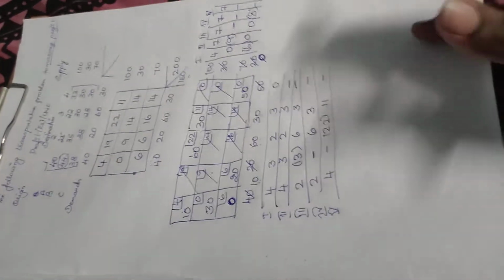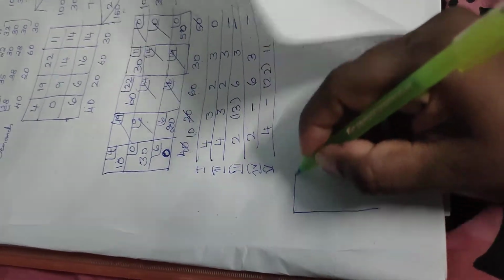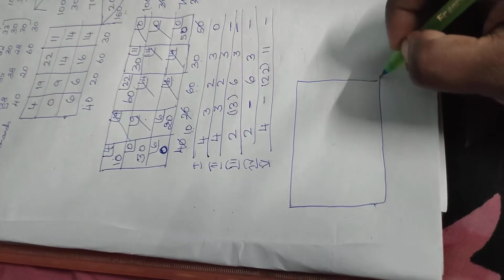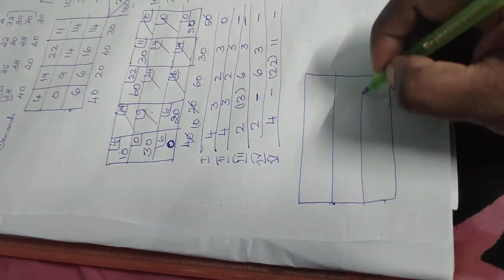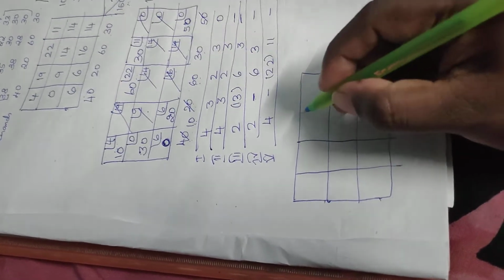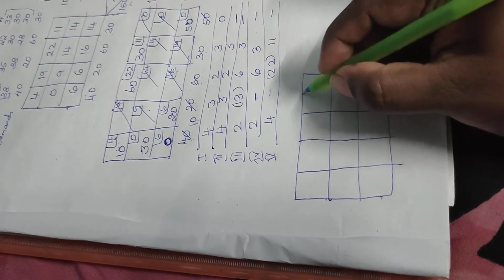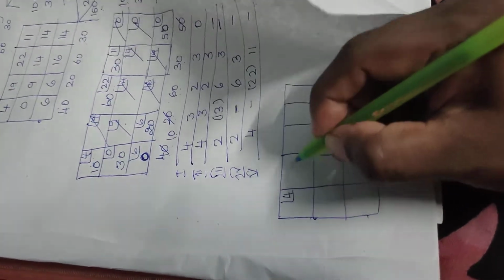I am now going to apply the MODI method and find out if I have the optimum solution or not. So I'm going to apply MODI. As usual, I have my cells 1, 2, 3, 4 and 5. It's a bit small, it's okay.